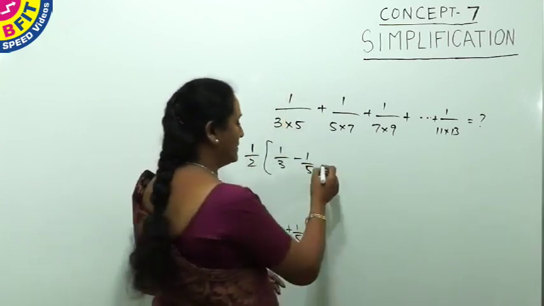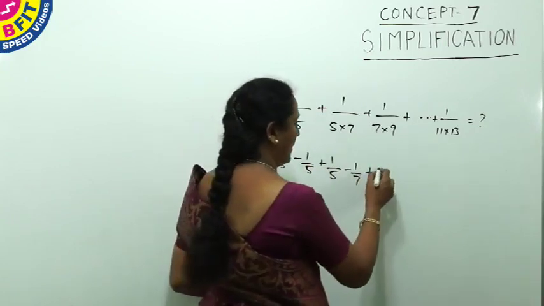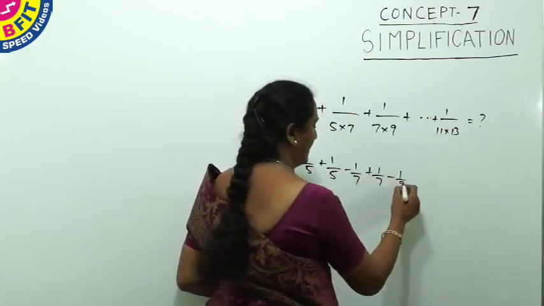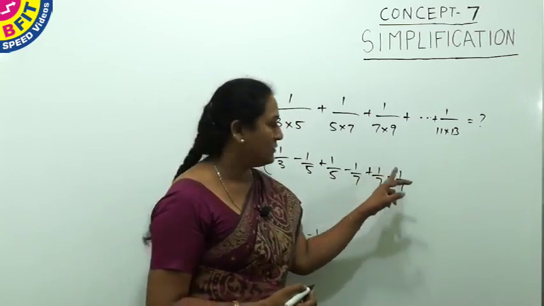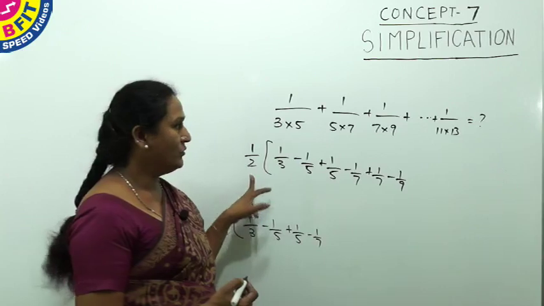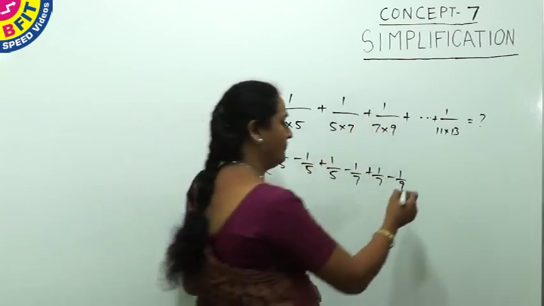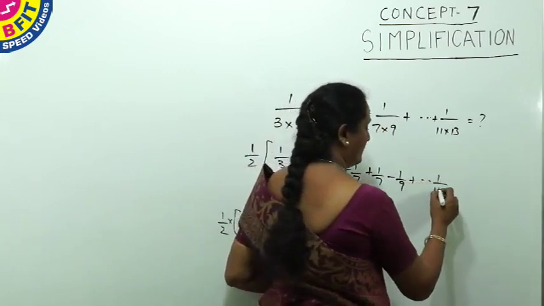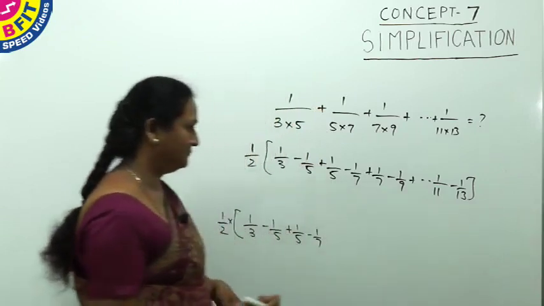Now this fraction is 1 by 5 minus 1 by 7, and here it is 1 by 7 minus 1 by 9. In each step we have 2 by 7 into 9, so that 2 will be cancelled with this 2 and we get the same fraction 1 by 7 into 9. And so on, up to 1 by 11 minus 1 by 13.